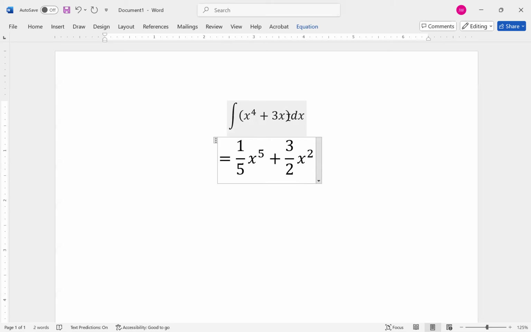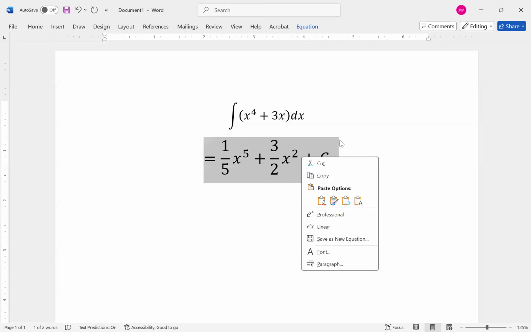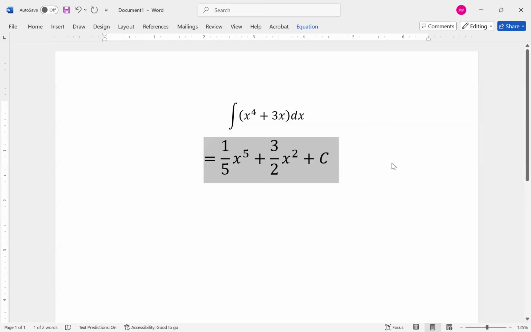If I want to find the set of all antiderivatives, I simply tack on a plus C. And that would be my final answer: 1/5 x to the fifth plus 3/2 x squared plus C.